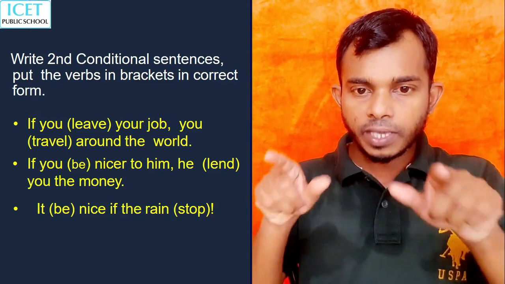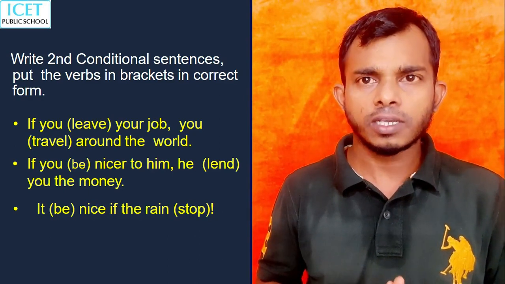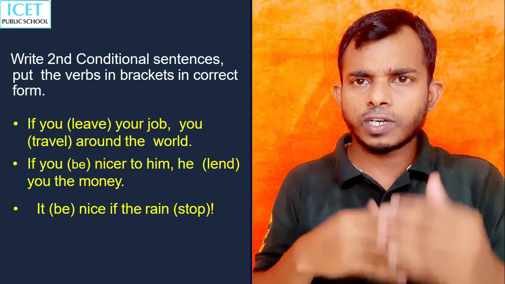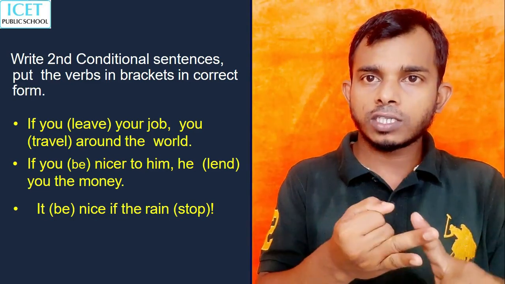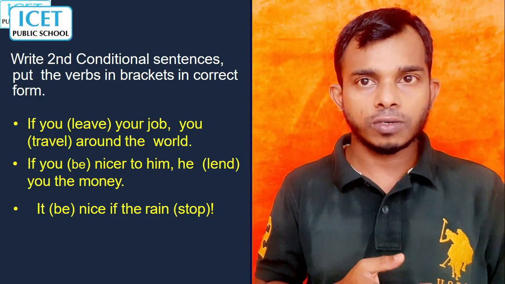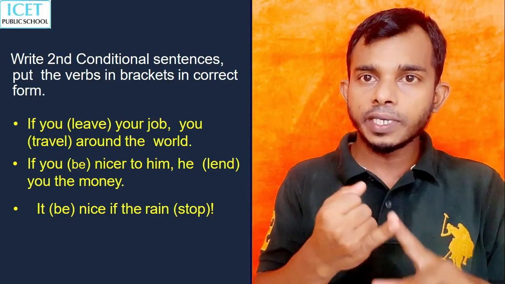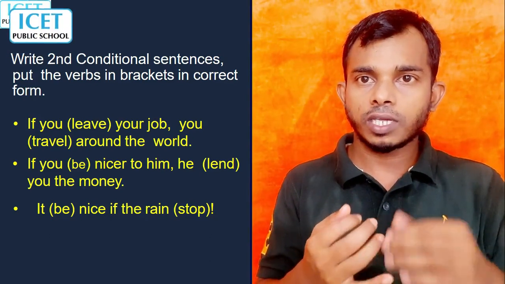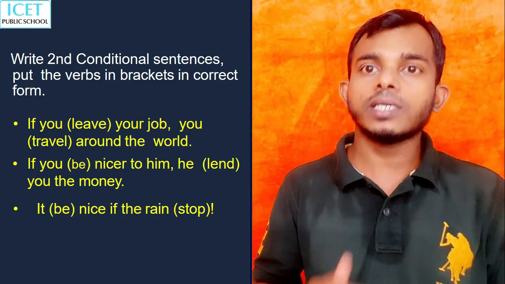Next: if you be nicer to him, he lend you the money. The different forms of be: be is the present form, was is the past form, will be is the future form. The verb has three forms: be, was, been. Been is the past participle form of the verb, and being is the ing form.